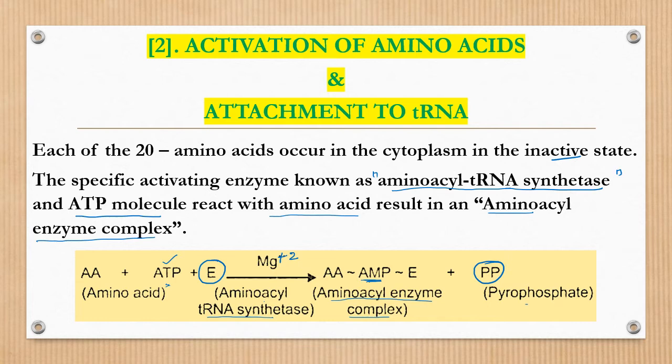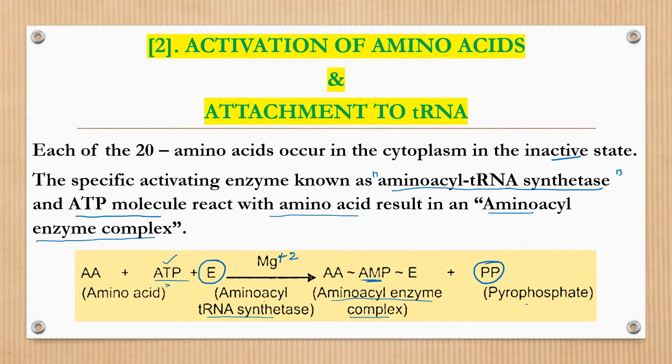So we need to remember that the amino acid is activated by the enzyme amino acyl tRNA synthetase and an ATP molecule. When it is utilized, the amino acid along with this enzyme forms a complex, that is the amino acyl enzyme complex.